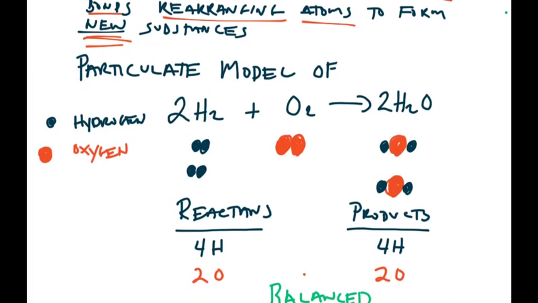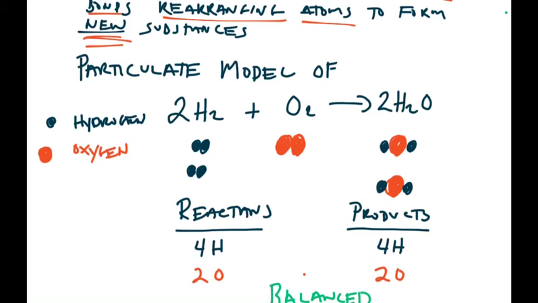So let's take a look at the particulate model of this reaction. Particulate model just means you're taking a look at it at the atomic or the molecular level of what's going on. We use drawings to model what's happening. So we have two hydrogens.